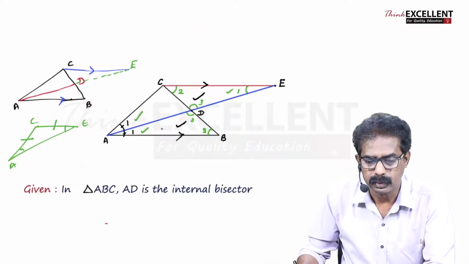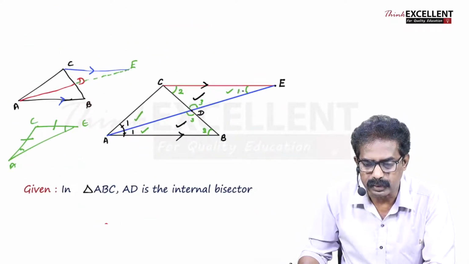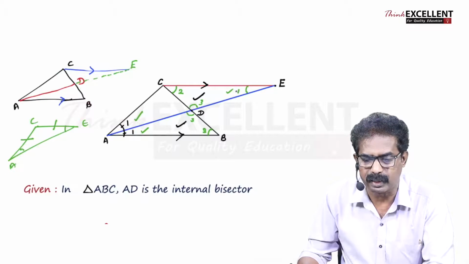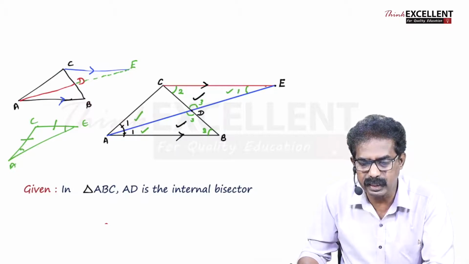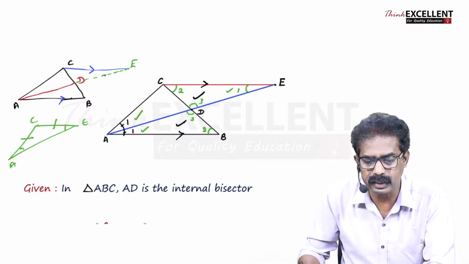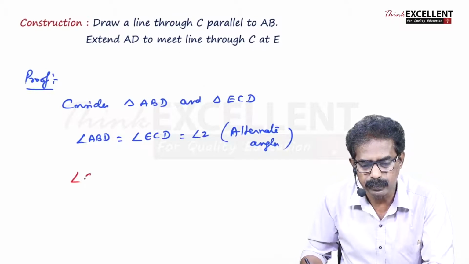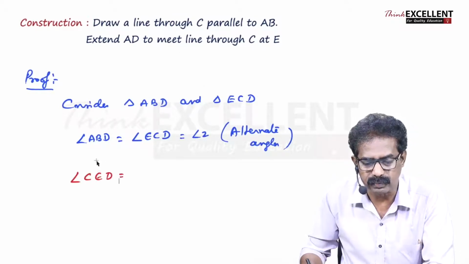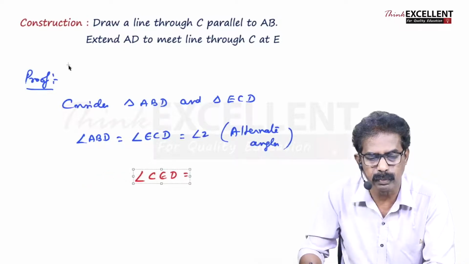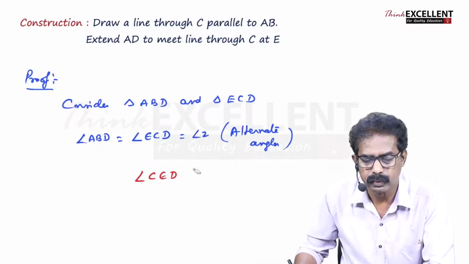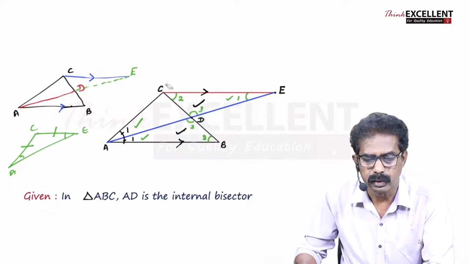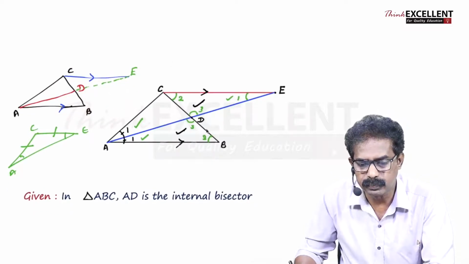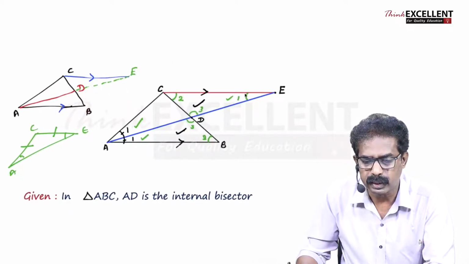Okay, now another two angles. This 1 and 1 we mark, right? So angle CED is equal to, from the first triangle, which angle?